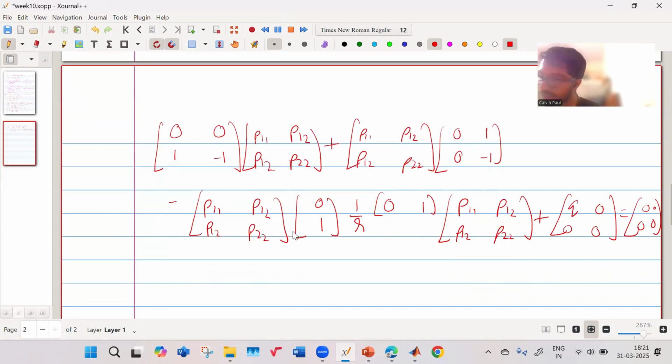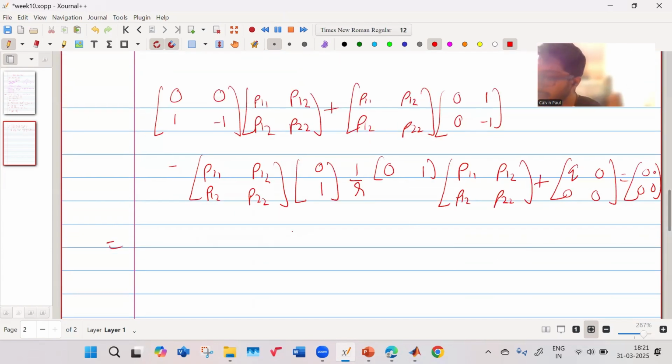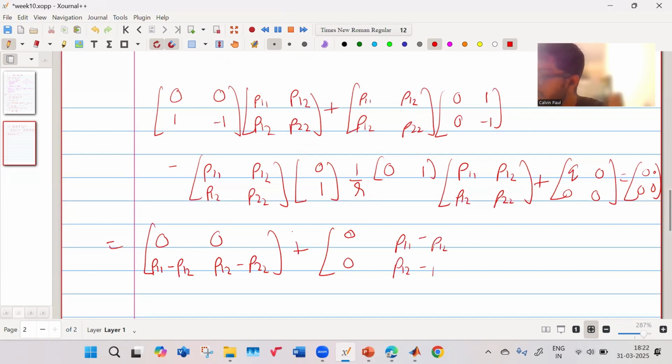Let us solve each of this one by one. The first row of zeros comes out to be 0, 0, and then P11 minus P12, and P12 minus P22. Plus, let us take the Q first, which is [Q 0; 0 0]. We take this from the left hand side to the right hand side.